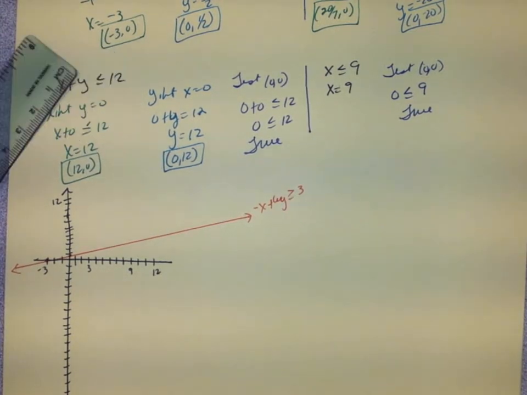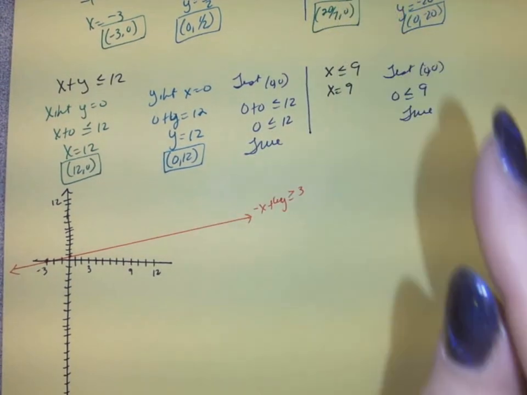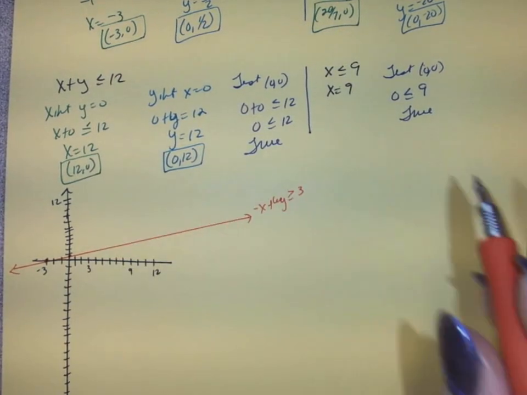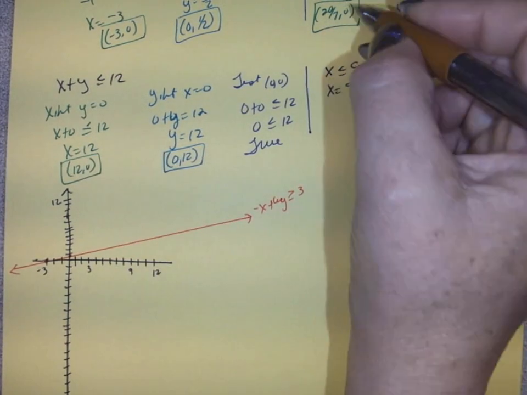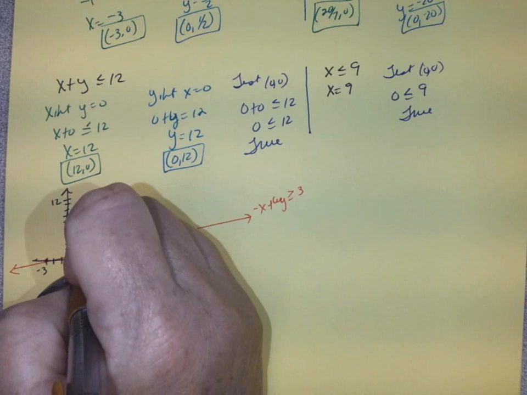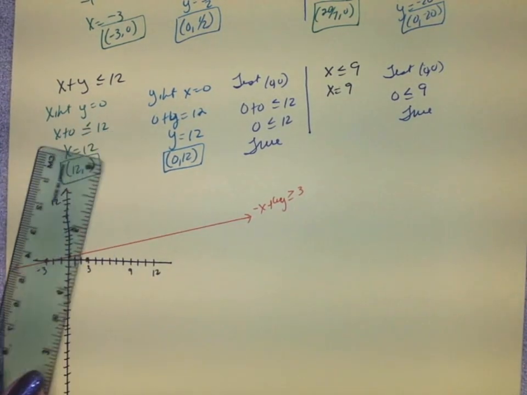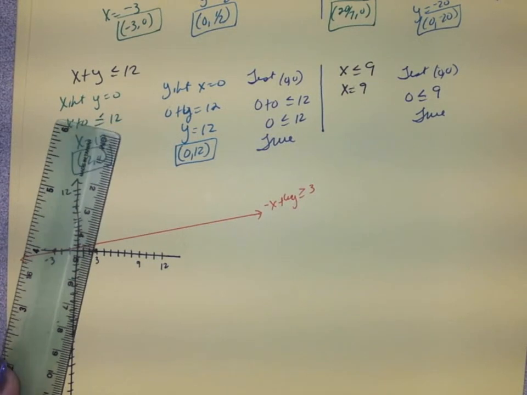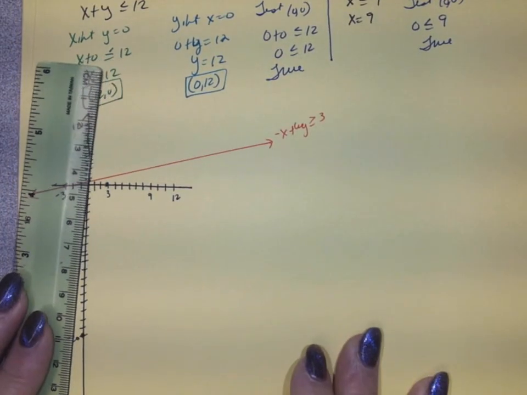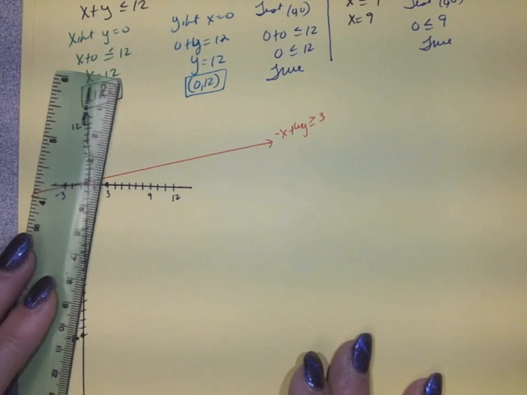All right, our next line, or graph, is this one. So we're going to be at 20/7, which is almost 3, and at -20. And again, this is not a perfect graph because my spacing is not exact.